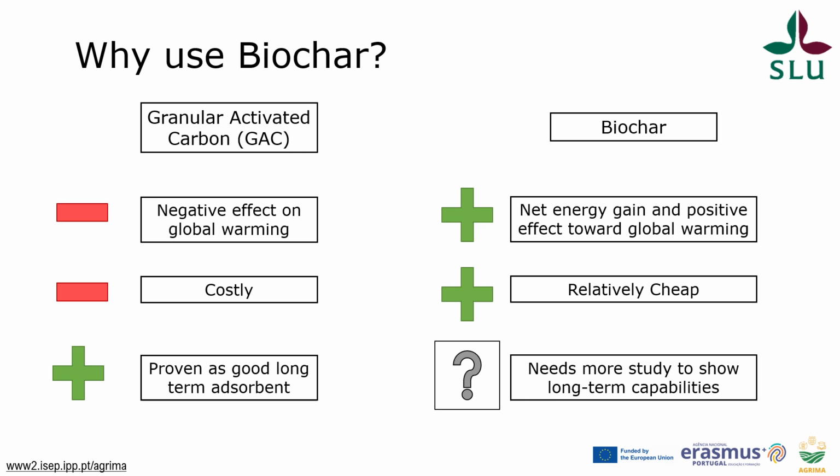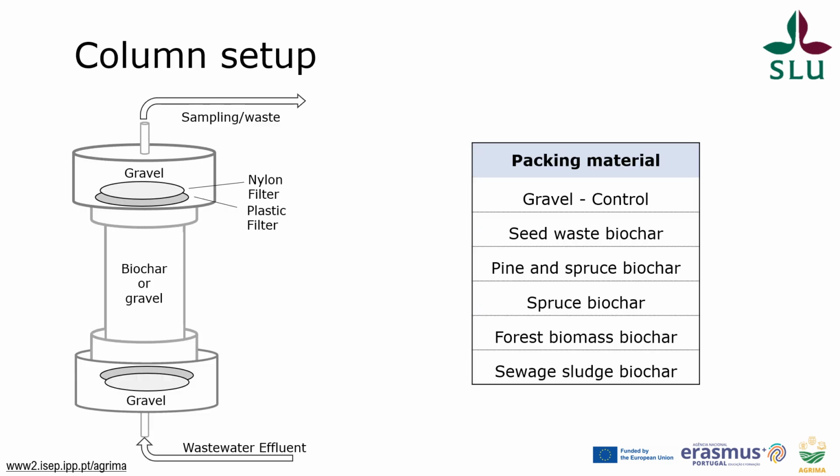So there's some high variability, and a lot of study needs to be done to show what the long-term capabilities are. If you compare this to GAC, there are a bunch of studies already that show that GAC is a good long-term absorbent. So in our study we try to bridge this gap a little bit.